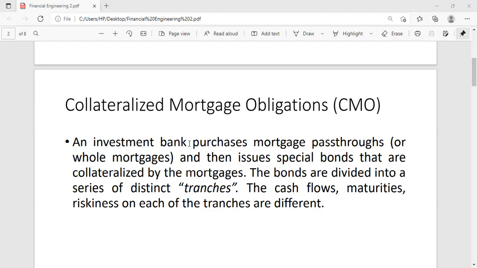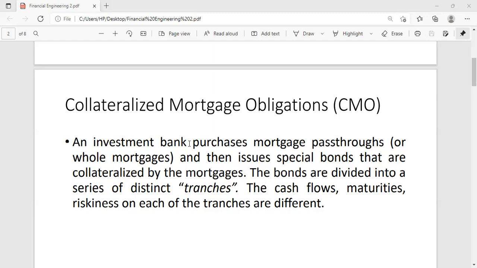The CMO is another example of conversion arbitrage, a term I interpreted in my last lecture. The investment banks purchase pass-throughs, and the bonds are then divided into tranches with different cash flows.